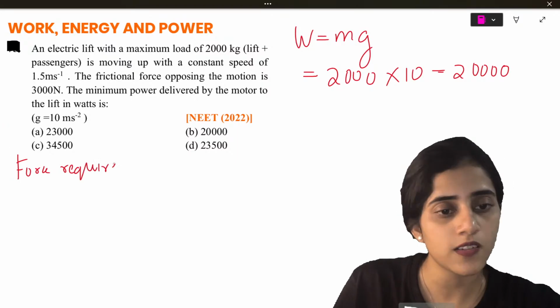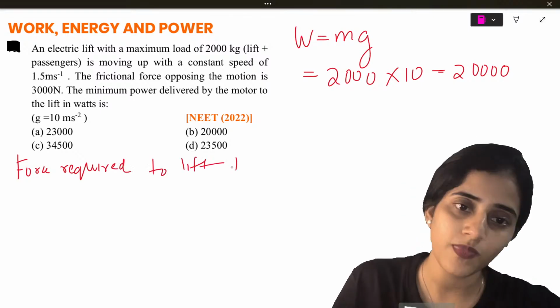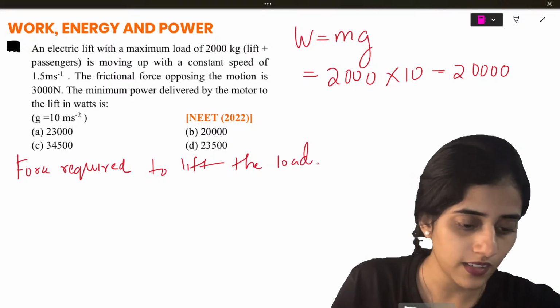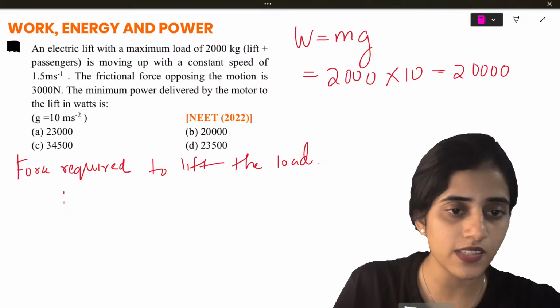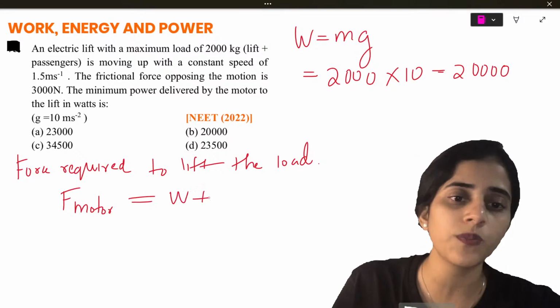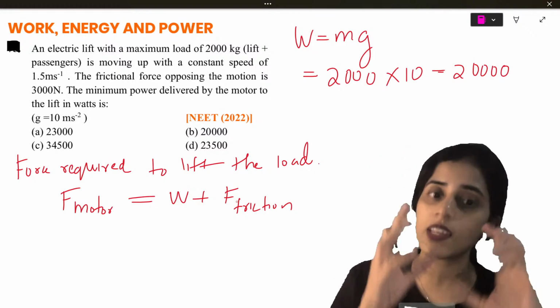Force required to lift the load. How much is it? The force of the motor will be equal to weight plus the force of friction. So this much has to be overcome by the motor, the weight and the frictional force.